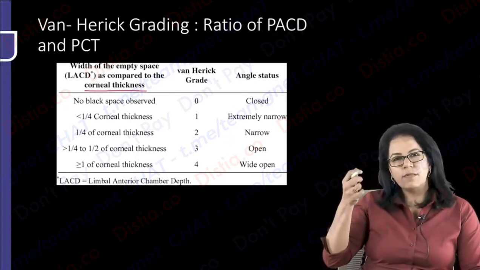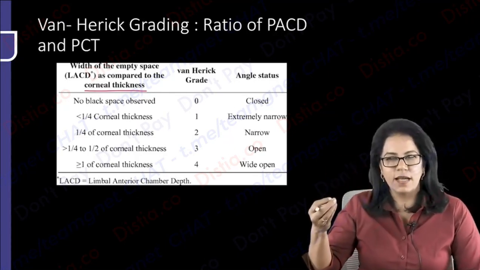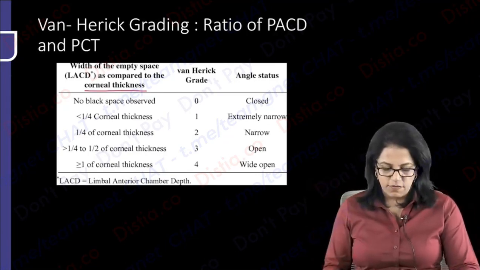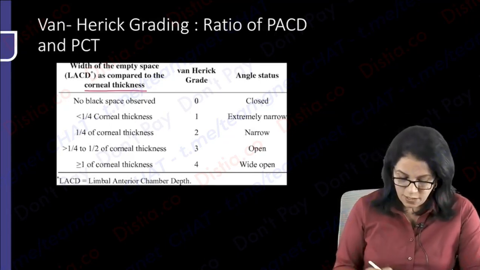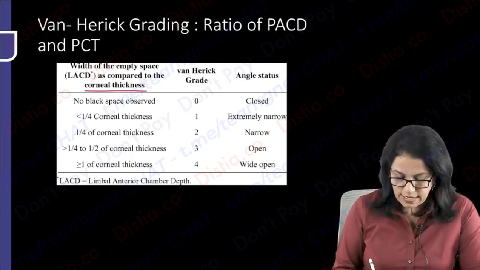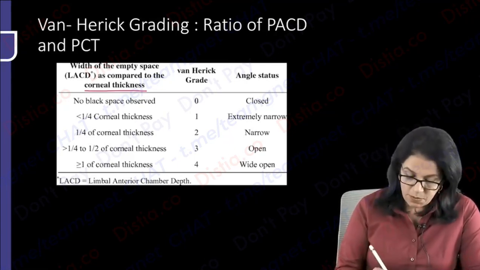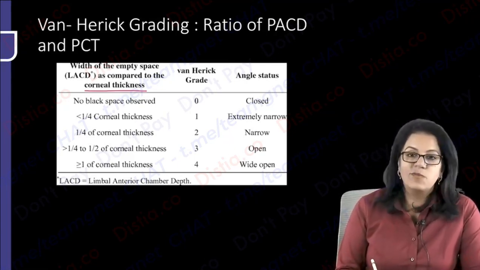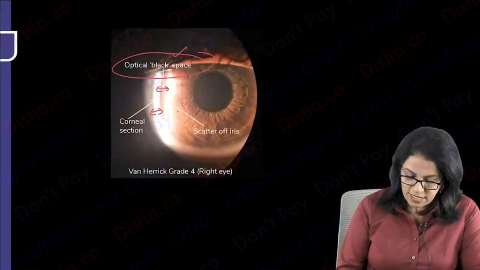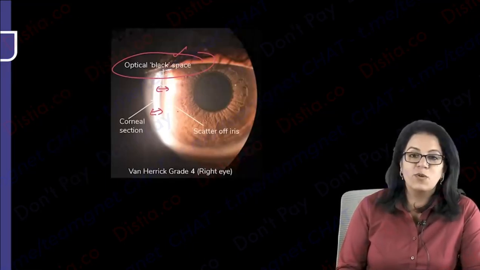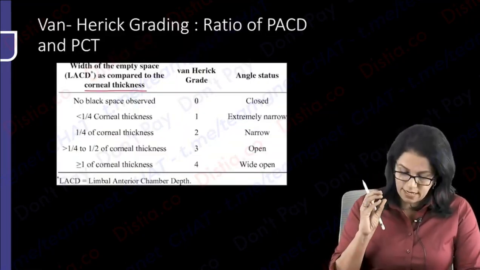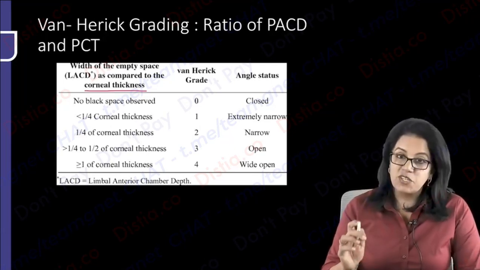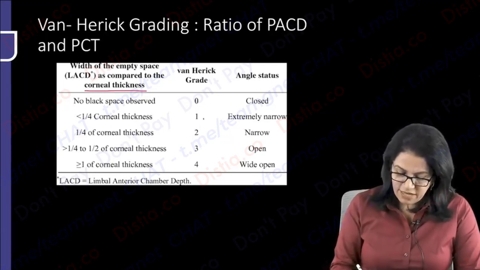That gives me a quick idea on the slit lamp whether the angle will close or is closing, or whatever the angle status is. If the peripheral or limbal anterior chamber depth has no black space, common sense says if there is no space between these two, it is closed. When the space is a little better but extremely narrow, we consider it grade 1.